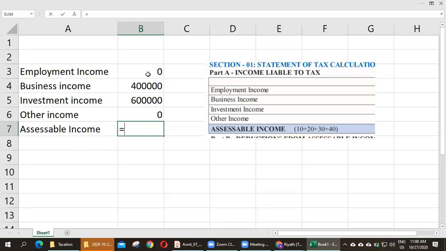This is the total sum of these 4, which equals 1 million.